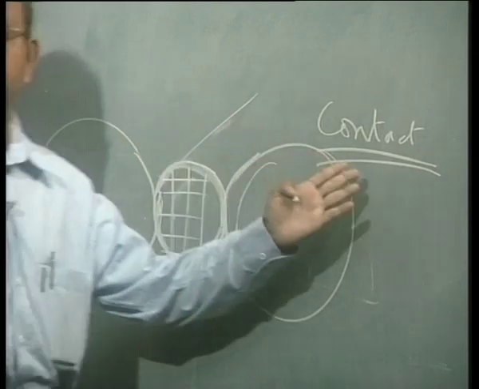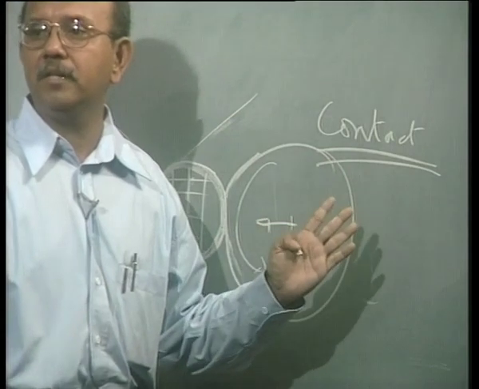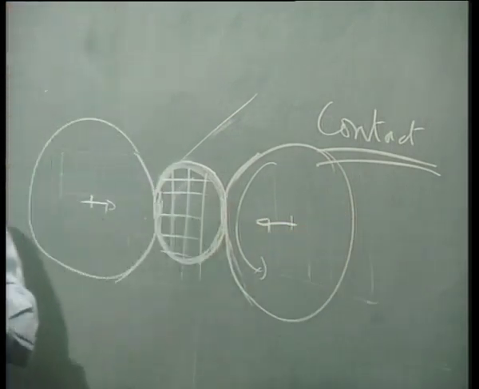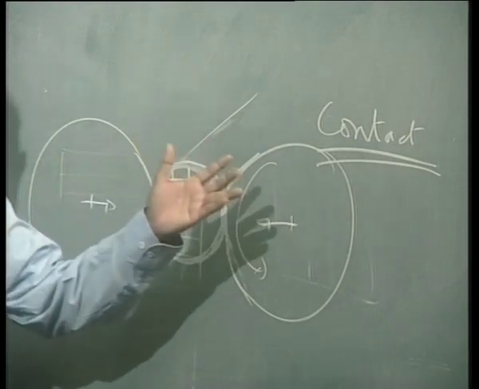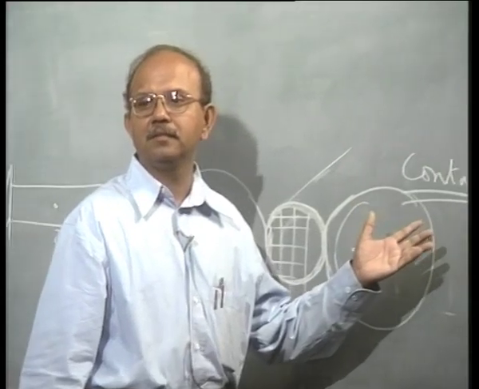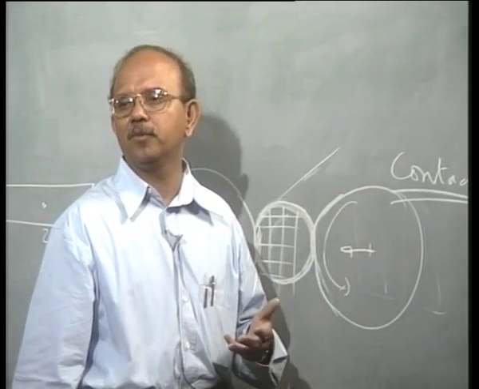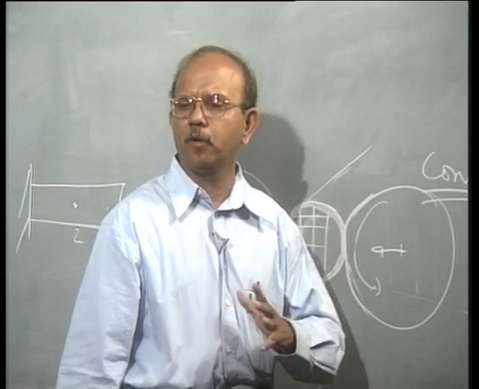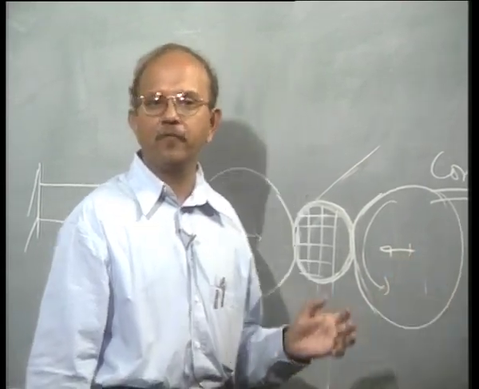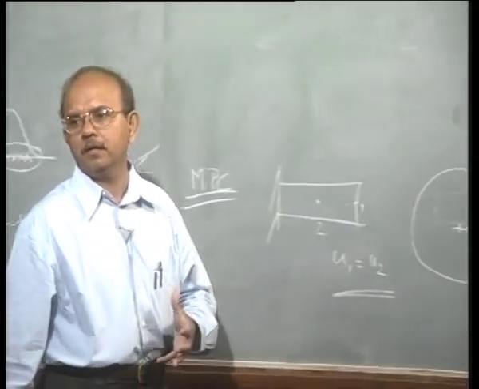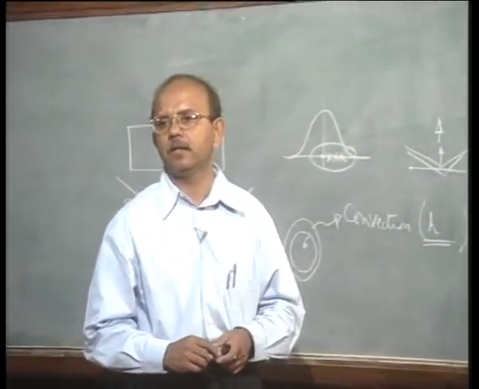Many times, even in regular design processes, you may have to use a contact element, or else the results may not be very accurate. You can get a ballpark figure, but it may not be very accurate. But in this particular case, we have to use a contact element.